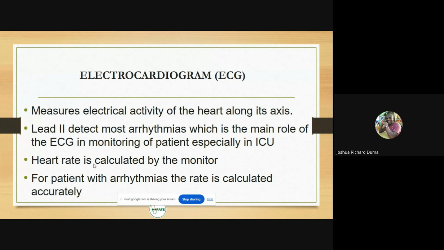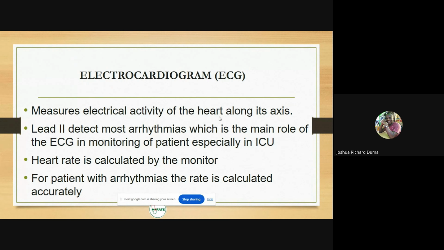So we monitor the arrhythmias. Through ECG, we can detect different types of arrhythmias, such as atrial fibrillation, ventricular fibrillation, bradycardia, tachycardia, and other types of arrhythmias.